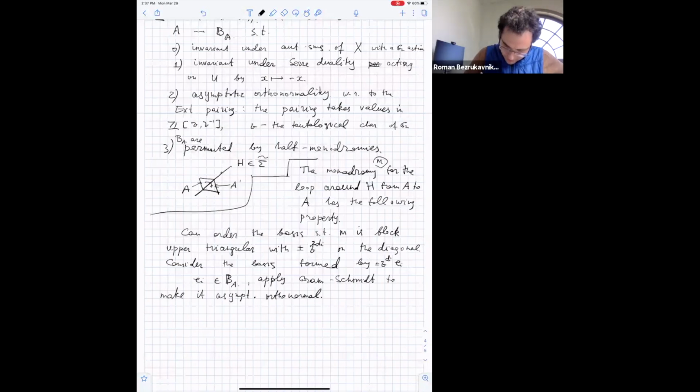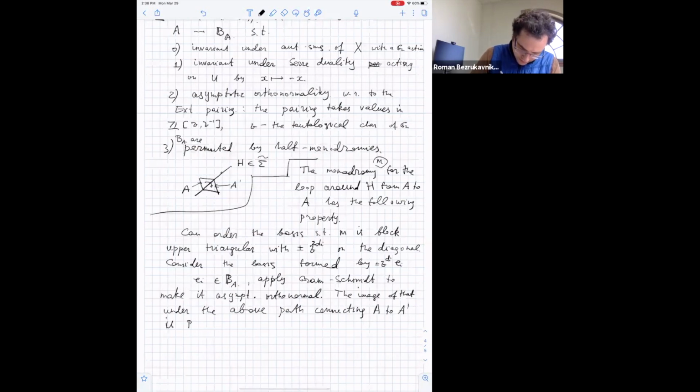So this is the image of that semi-orthonormalized basis under the isomorphism corresponding to this half loop above the path connecting A to A prime; it is the new basis, B A prime.